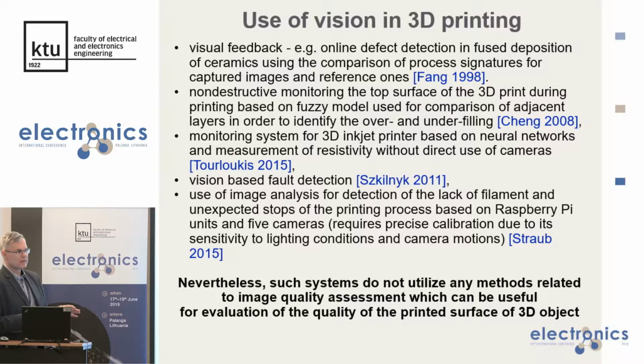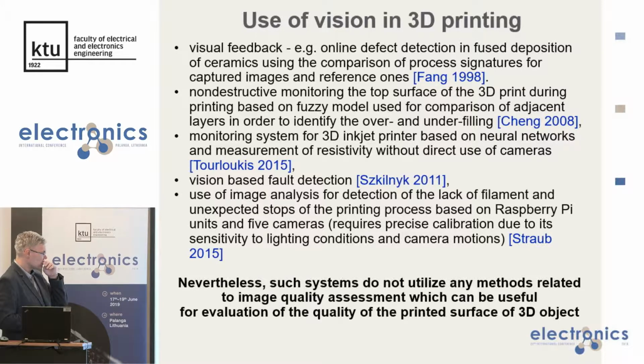There were no features used, no regularity assessment, but just the comparison of two neighboring layers, for example: are they similar or not during the printing, assuming a top view camera. So some attempts have been made, sometimes using neural networks, sometimes only for fault detection.